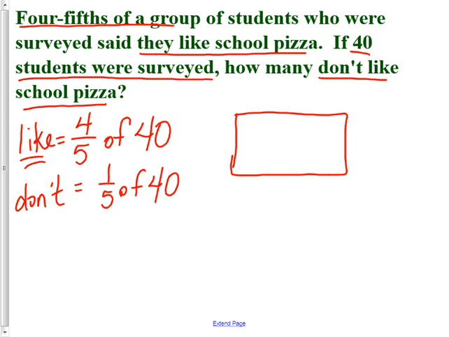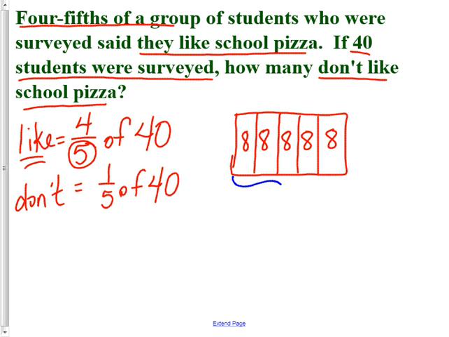When we look at 40, we need to split it into 5 parts and then keep 4 of them. So 1, 2, 3, 4, and 5. 40 split into 5 parts is 8. So my rectangle represents the whole group of 40 students who were surveyed, and then I split it into 5 parts so that I can show that 4 of them like school pizza.